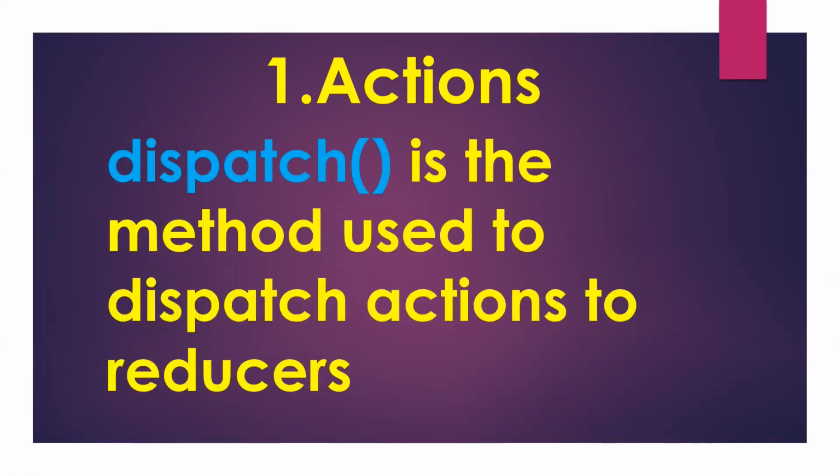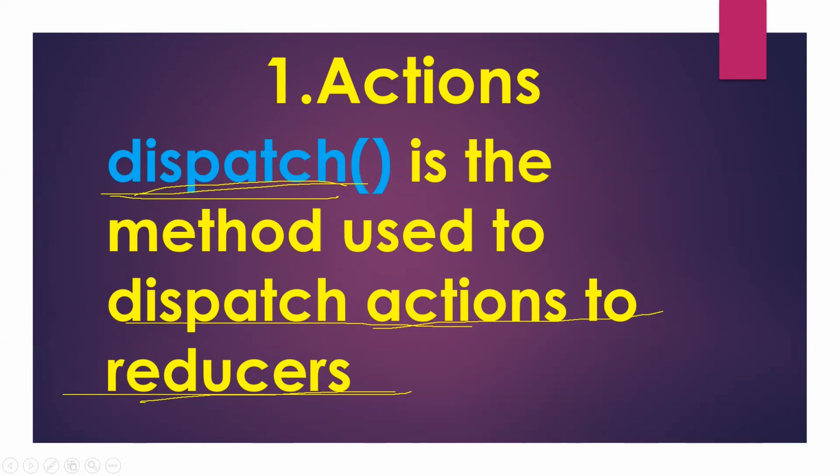And in the previous chapter, we discussed the dispatcher. So how does dispatch work with an action? Here dispatch is the method. This dispatch method is used to dispatch actions to the reducers.